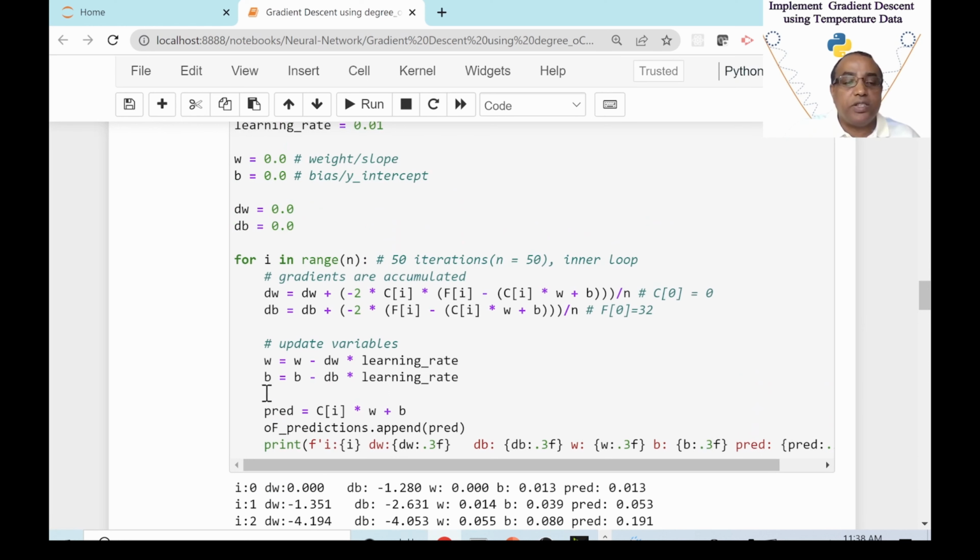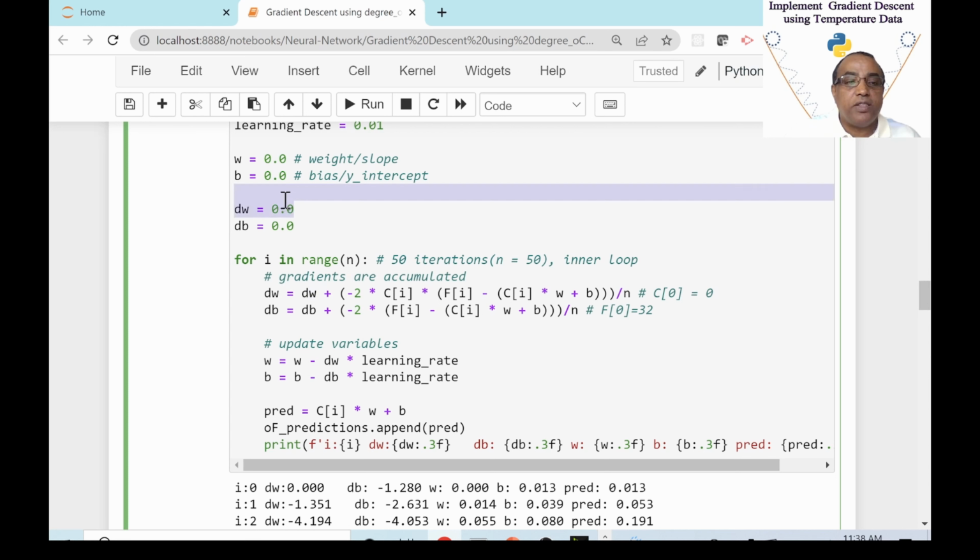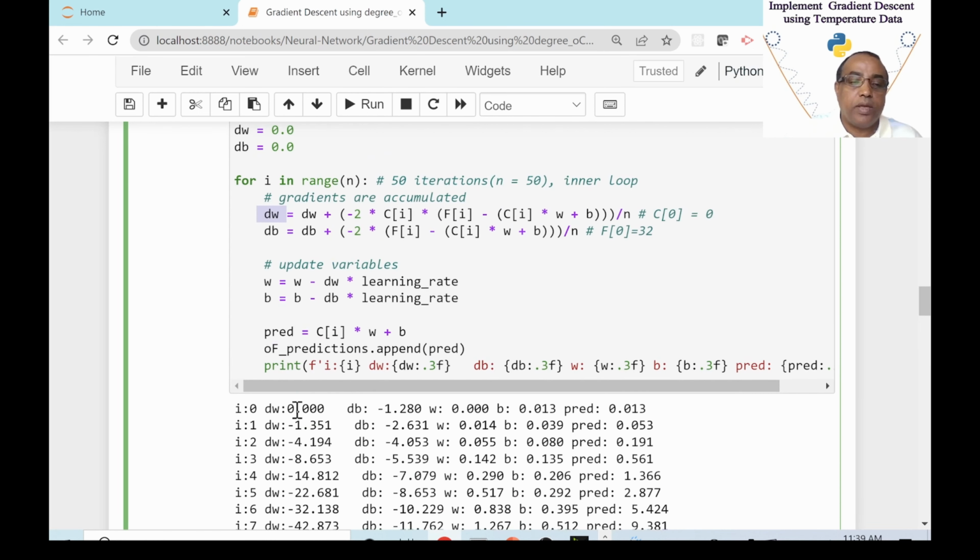The first iteration, which is 0, dw we already initialized to 0. It should be 0. Degree Celsius is 0, so everything is 0 because we are multiplying minus 2 times degree Celsius, so all this part becomes 0. So dw is 0. Okay, dw is 0.